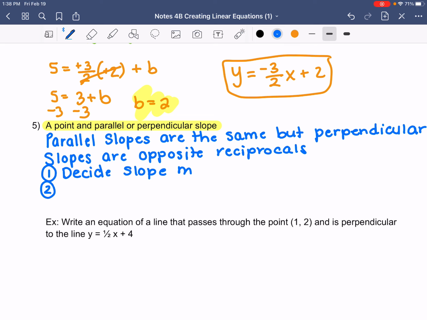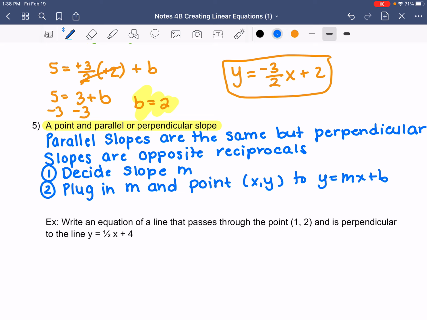Then you're going to plug in m and point x comma y into y equals mx plus b. You're going to solve for b. I don't have enough room. And then step 4, you're just going to plug in m and b to your y-intercept form.